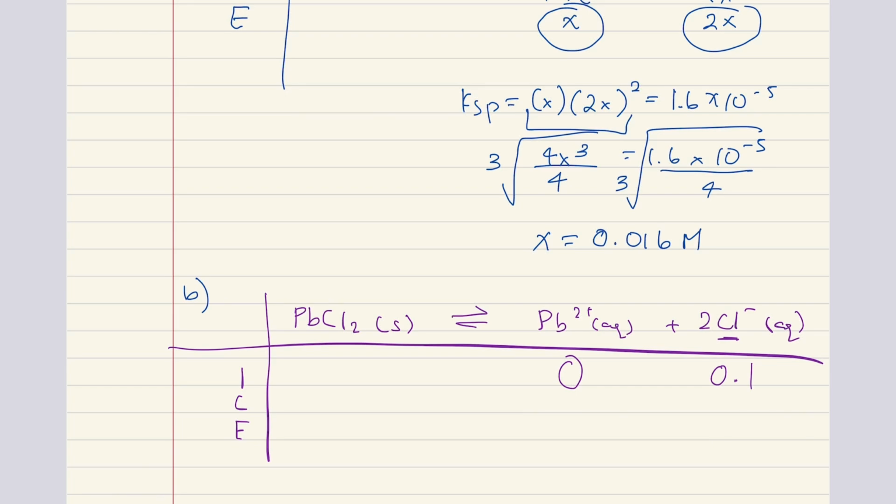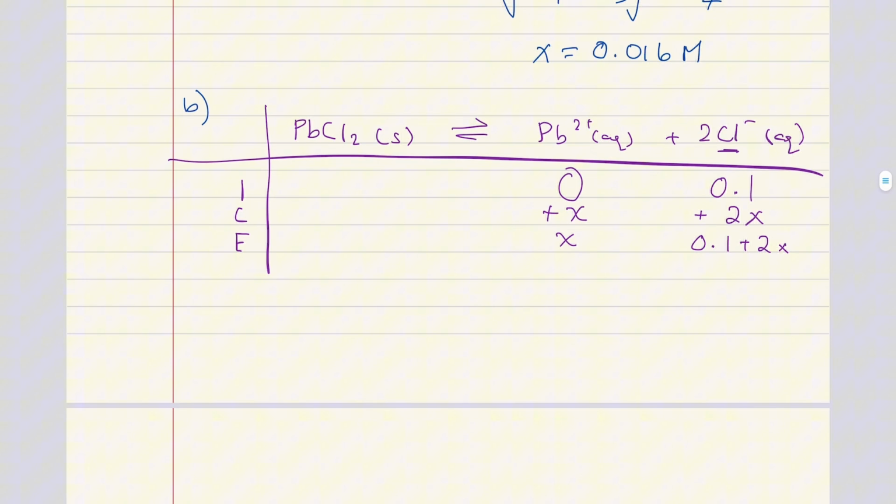Obviously, over time, lead-2 chloride is going to dissociate in solution, and we're going to form some concentration of lead-2 plus and chloride ions. And we're going to denote that change the same way we did for part A. Now our equilibrium concentrations for lead-2 plus is X, and for chloride it's 0.1 plus 2X.